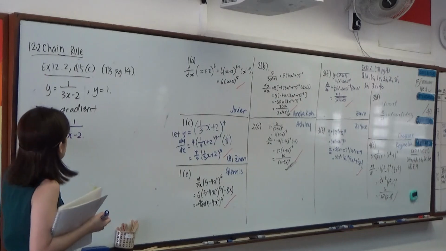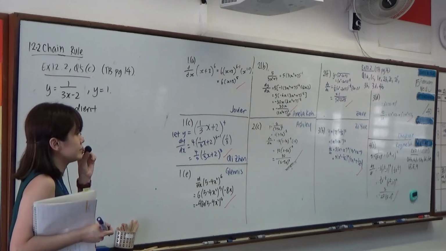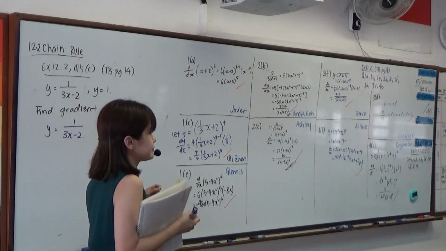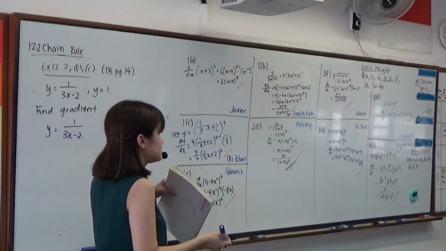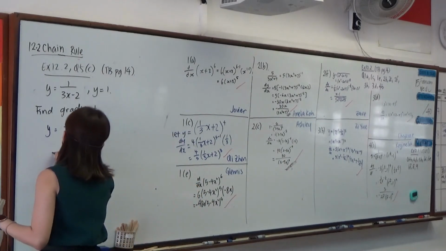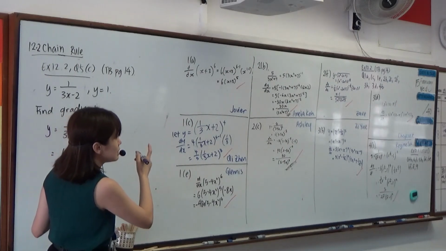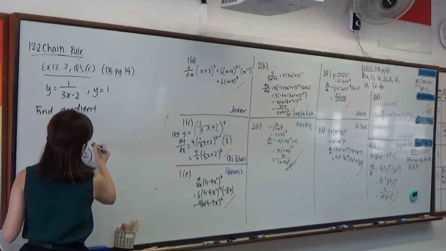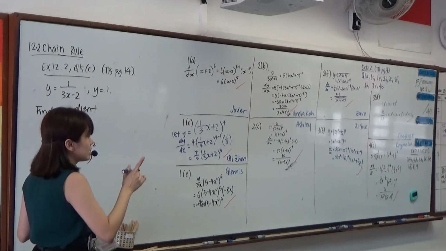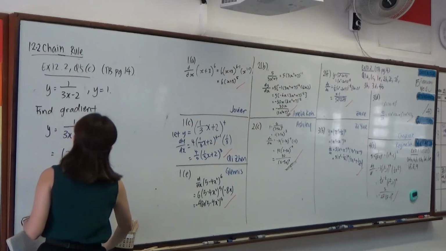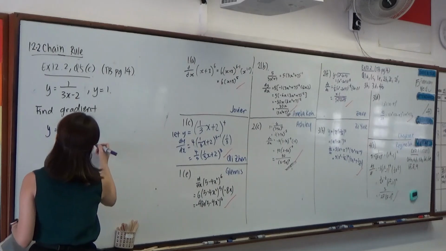What will you do first to answer this question where we want to find the gradient? The power of negative 2, or negative 1? Negative 1, okay. So power of negative 1.